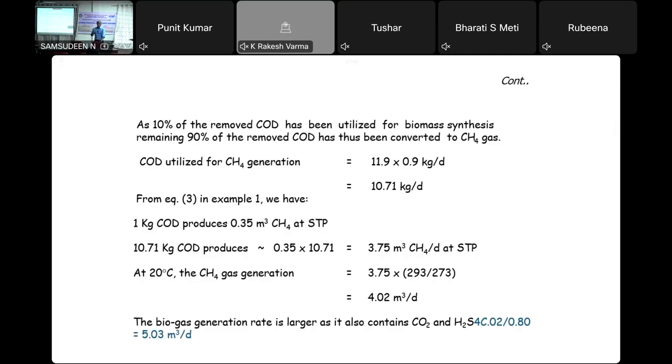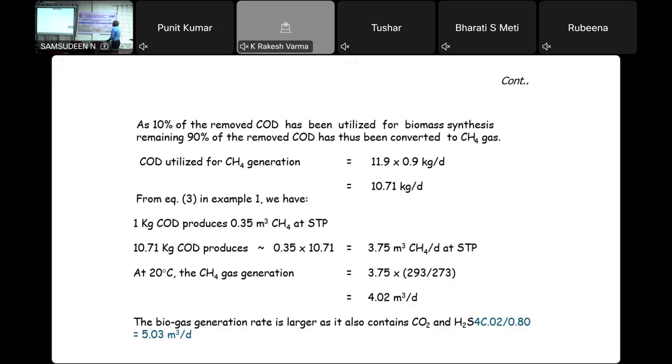As 10% of the COD is used to make more bacteria, more biomass, only 90% of the removed COD is converted to methane gas. So COD utilization for methane generation is 11.9 times 0.9, which is 90%. 10% goes to biomass, right? If you do that, your methane will be 10.75 kilogram per day.